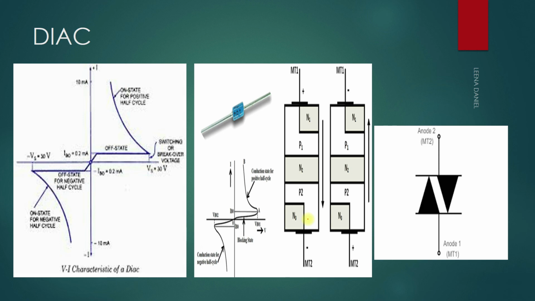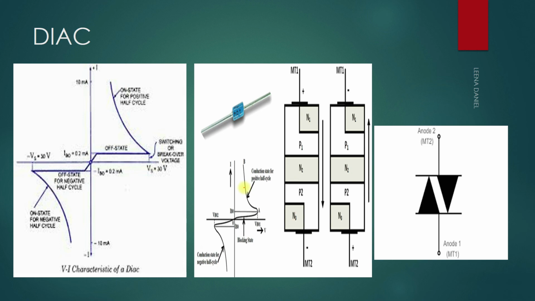So this is the cross-sectional view, and this is the symbol for the diac. Two diodes are connected in anti-parallel. This structure can be considered as two thyristors connected in anti-parallel. But the main difference between a thyristor and a diac is that there is no gate terminal.